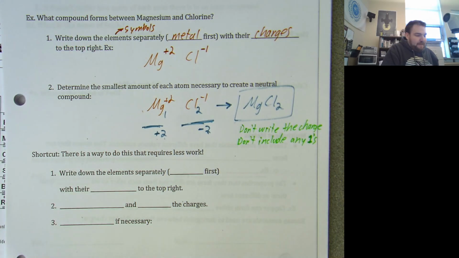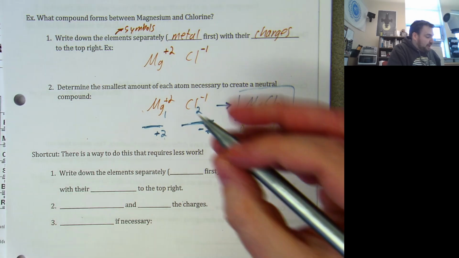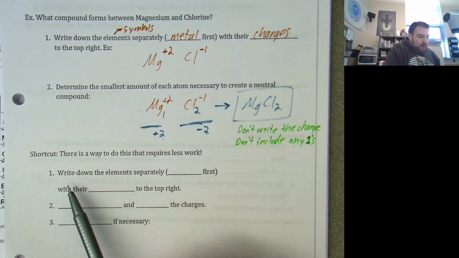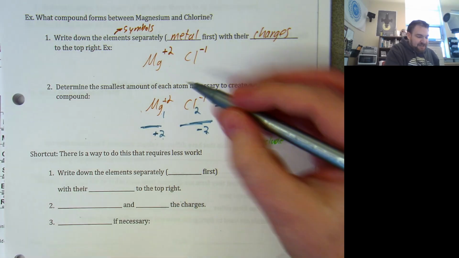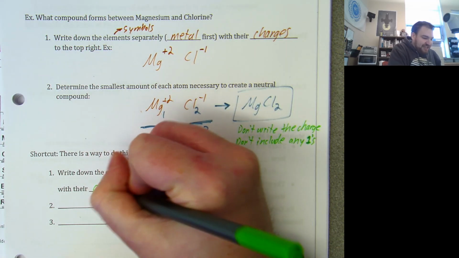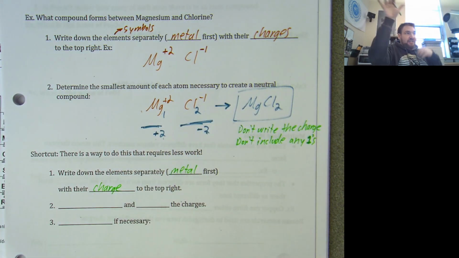And here's what I mean. The shortcut is this. Sometimes this shortcut is called swapping and dropping. Again, first step, you want to write down the elements separately. The metal's always first. You want their charges. That first step is no different. Charge is still up in the top right.